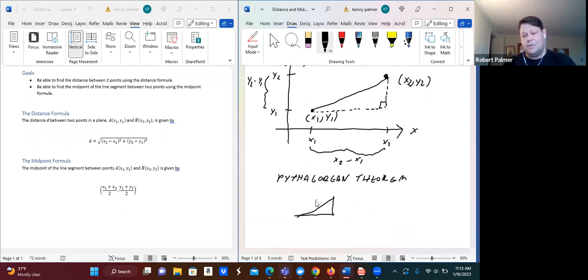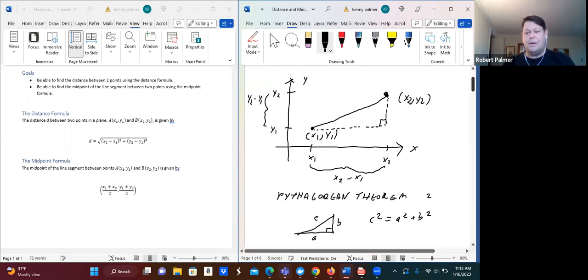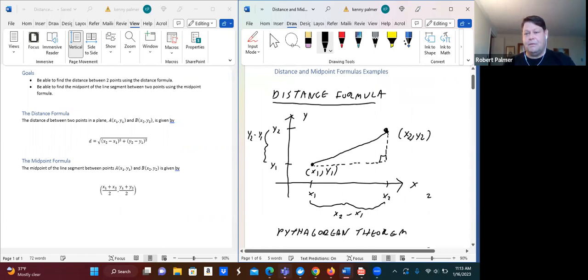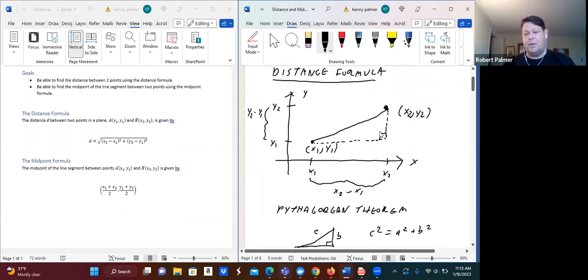If you call this distance here C, and call these A and B, what the Pythagorean theorem says for a right triangle is that C squared, the square of the hypotenuse, is equal to the sum of the squares of the lengths of the other two sides. So we're going to do that for our example here. Remember our lengths: this bottom length is x2 minus x1, this vertical length is y2 minus y1, and the hypotenuse is this distance here.